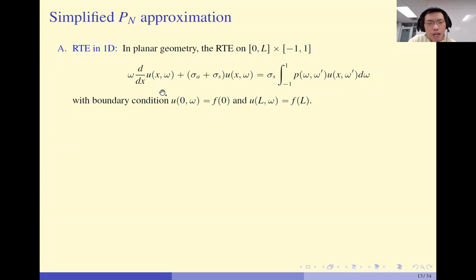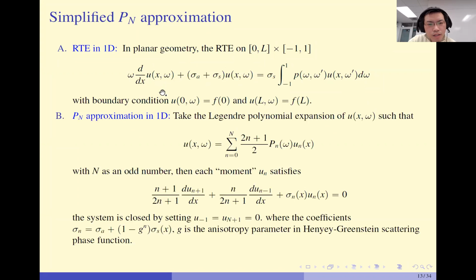After we have put everything in one dimension, we take the Legendre polynomial expansion of the solution in terms of the angular variable, and we truncate this Legendre polynomial expansion to the Nth mode.